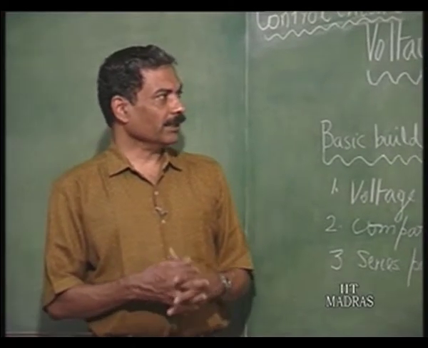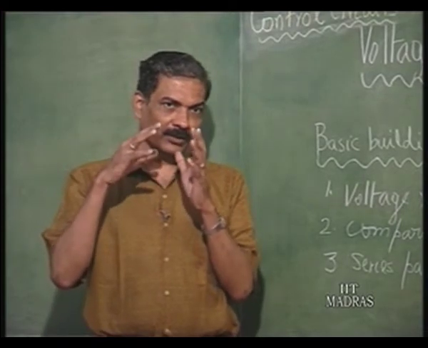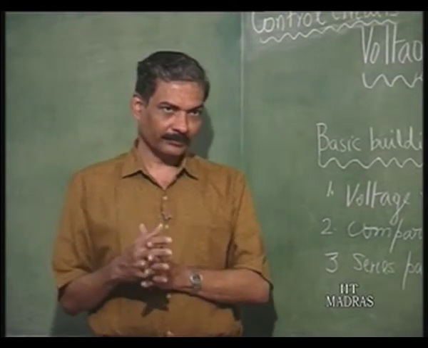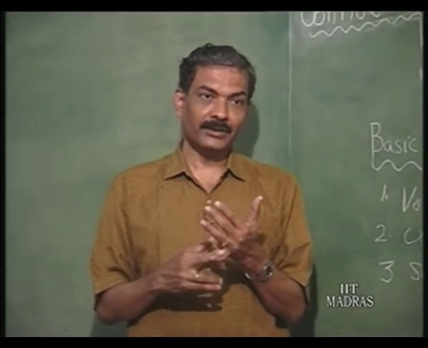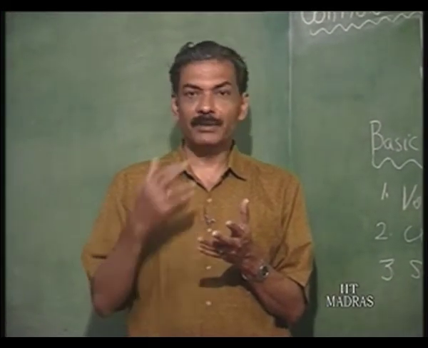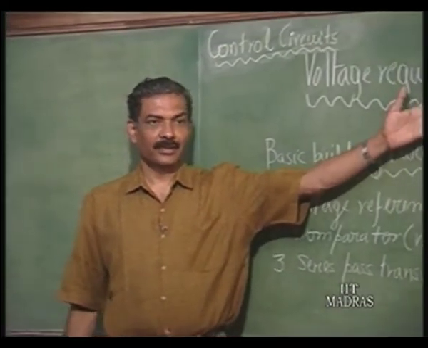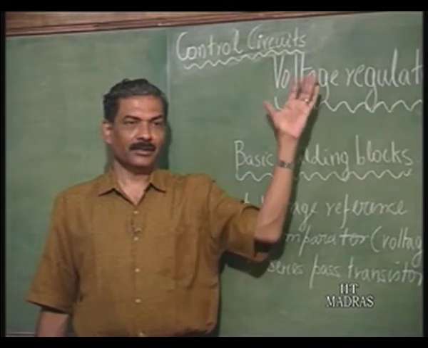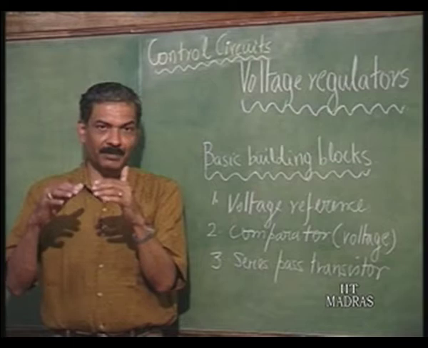So, we will discuss how to build these control circuits, where something is required to be maintained constant, in this case voltage, DC voltage or AC voltage. It could be current also, then they will become current regulators, right. All these control circuits are pretty simple, in the sense you want something to be maintained constant.